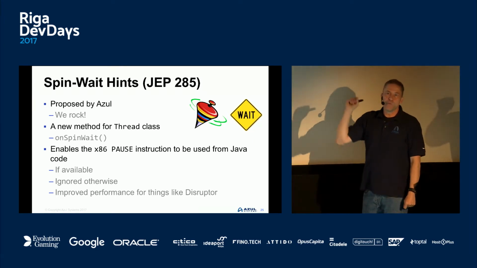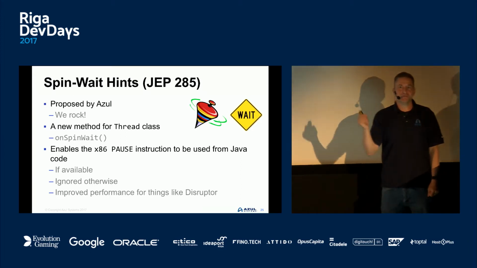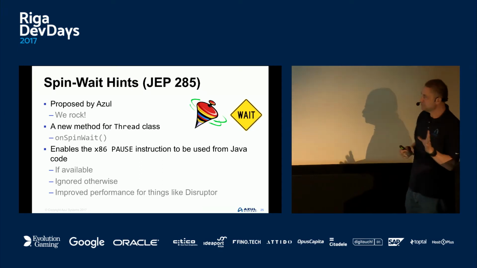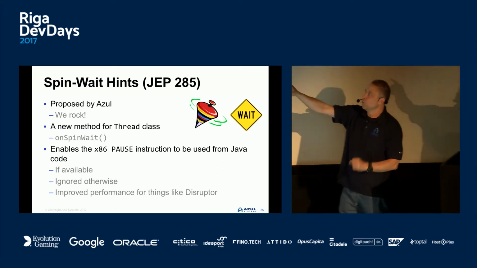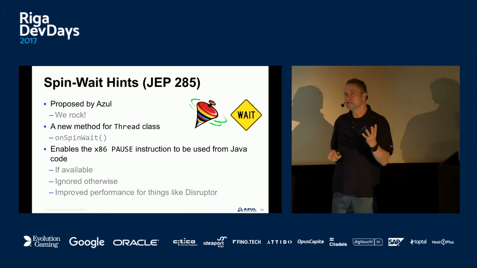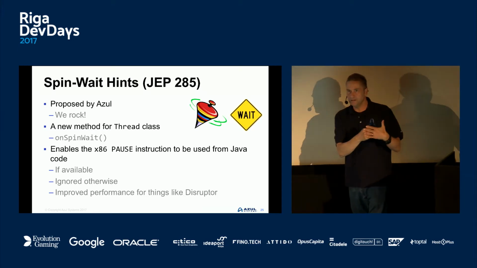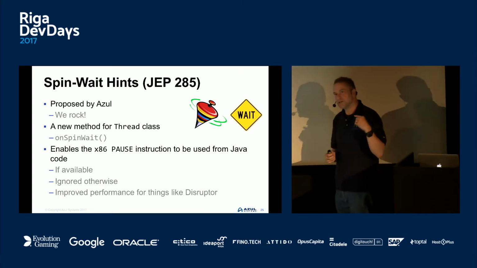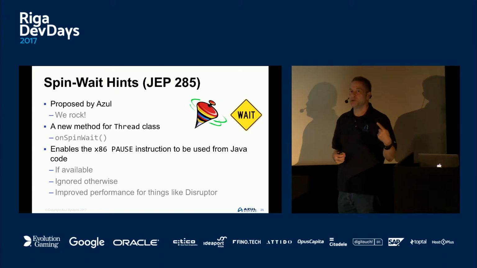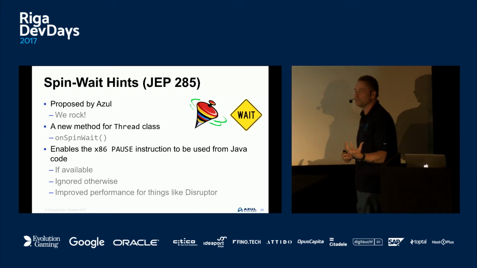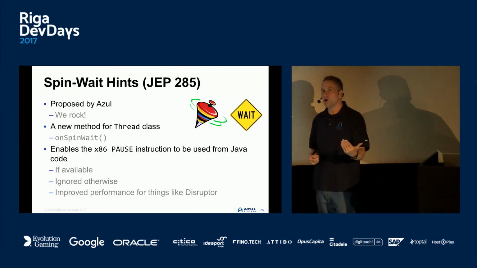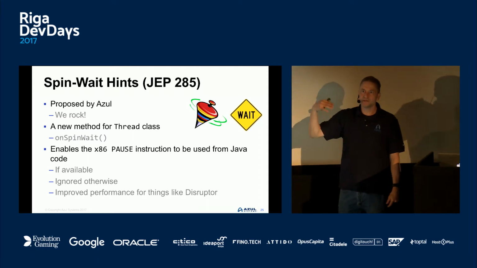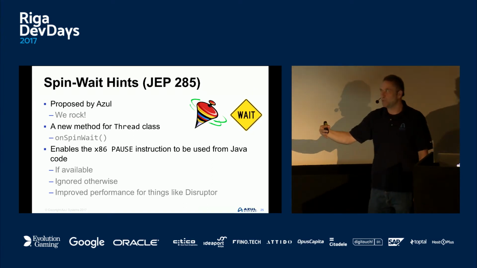In terms of what it does, it adds one method to the Thread class. So it is a fairly significant thing. You've got to be careful when you add methods to the Thread class because lots of people use the Thread class. What it does is it adds onSpinWait, and this is designed for people who are looking at very low-level performance of their applications, and if they think that their application is going to be in a processor spin loop, where the processor is actually spinning for a certain amount of time trying to acquire a lock, then you can put this method into your code to hint to the JVM that this is what's going to happen.